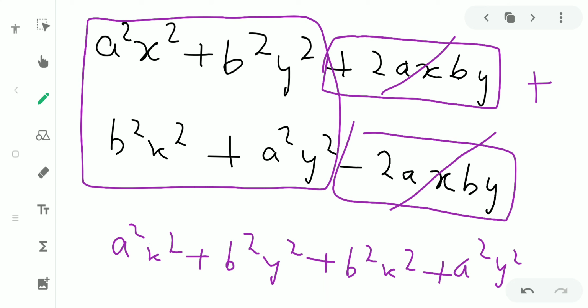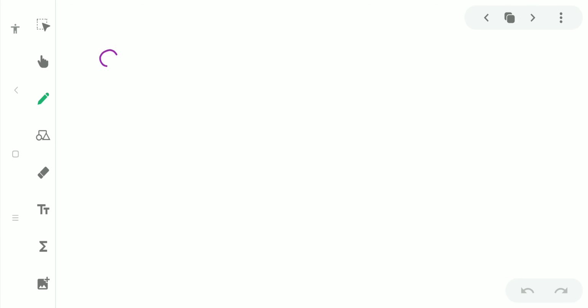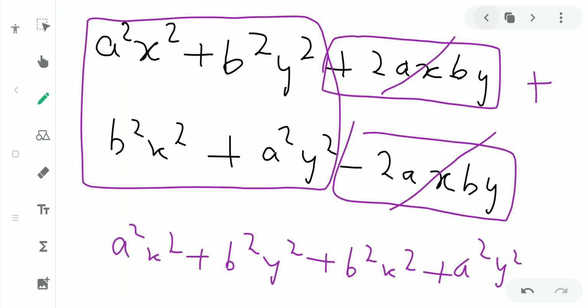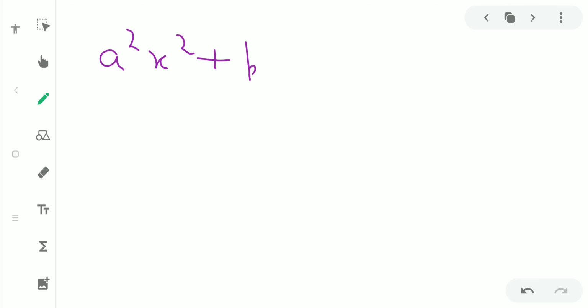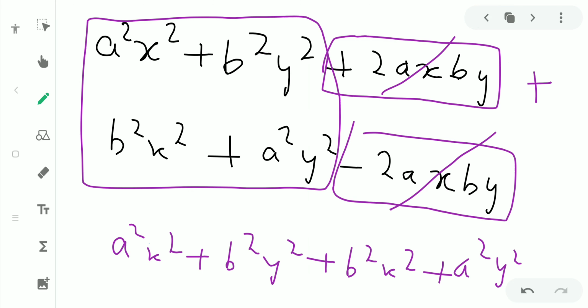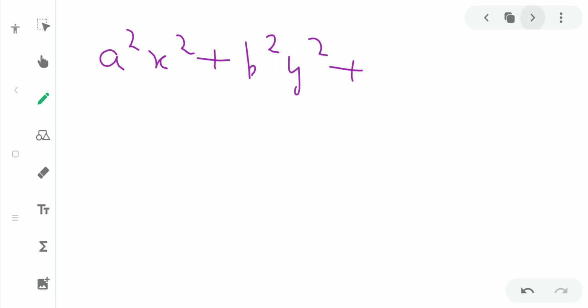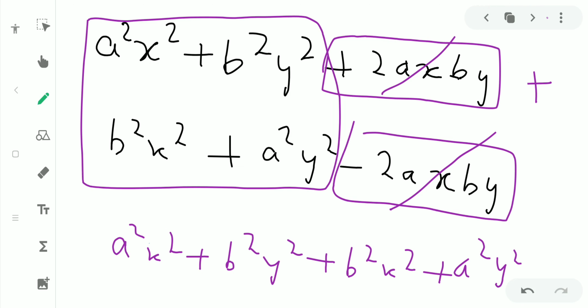So I'll write it here: a square x square plus b square y square plus b square x square plus a square y square.